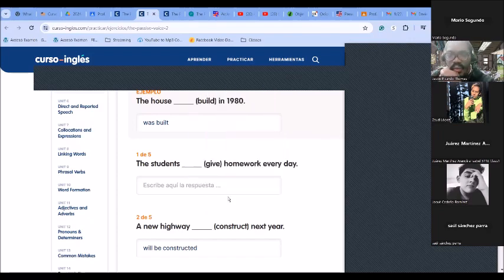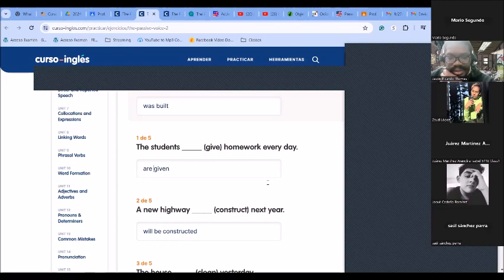So yes, will be given homework every day, or is given because it's a routine. Either of those would work. I'd go with present simple because it matches with routines better than with future simple. So the students change to are because students is plural. The students are given homework every day.